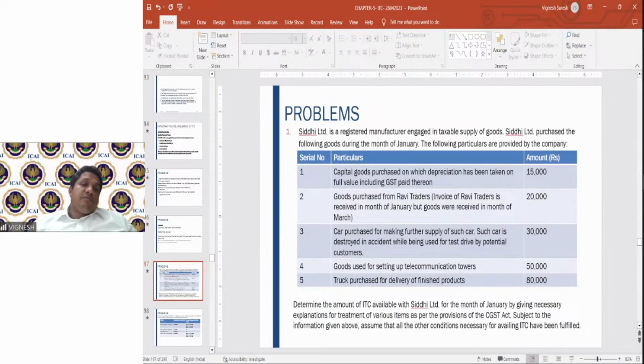So 17 subsection 5 also says that in case of goods lost, stolen, or destroyed, you cannot claim the respective input tax credit. So it passes the test of 17 subsection 5 clause A. It fails the test of 17 subsection 5 clause H, which speaks about goods destroyed, because these are goods of the taxpayer. So if the goods are destroyed, there is no question of claiming the input tax credit.